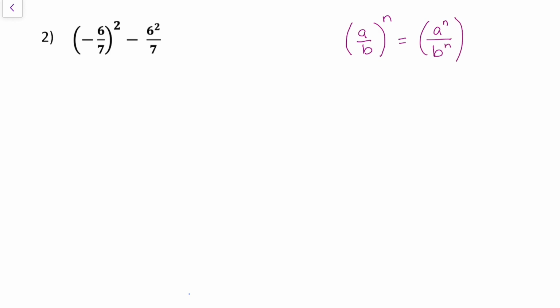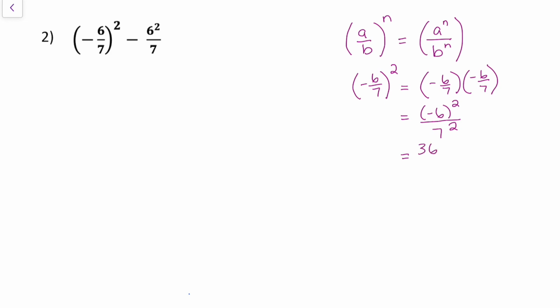Okay, so if I look at (negative 6 over 7) squared, that's like doing negative 6 over 7 times negative 6 over 7. Or we could say it's the same as doing negative 6 squared over 7 squared. And I'm going to take that negative value with the 6 because the negative is inside of the brackets. And so you get 36 over 49, and it's going to be positive, because a negative times a negative is positive.